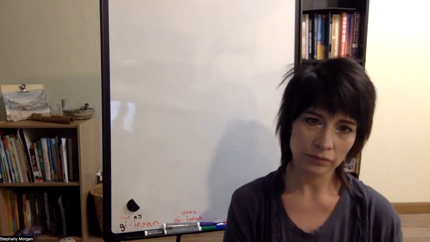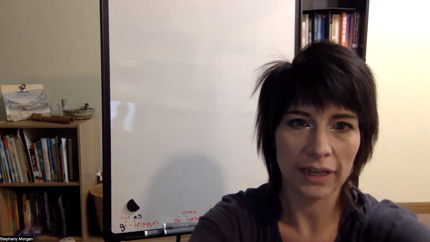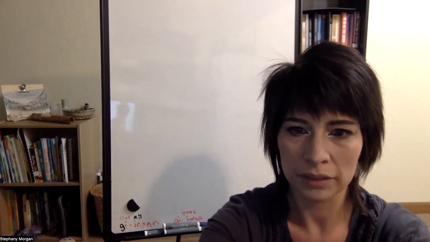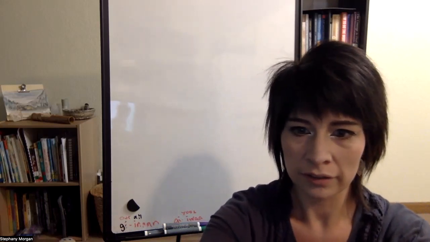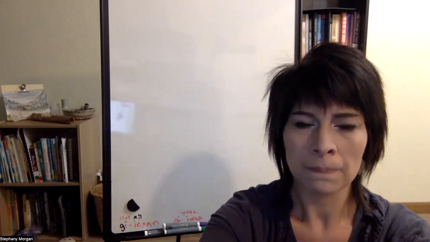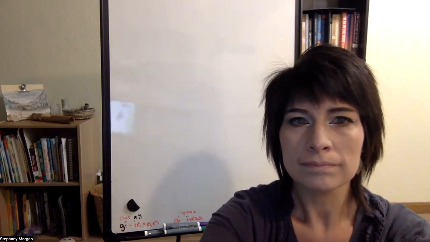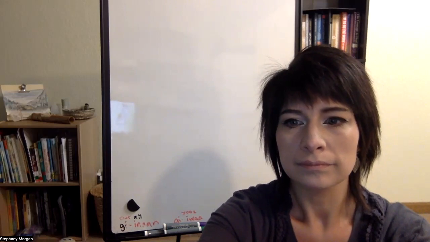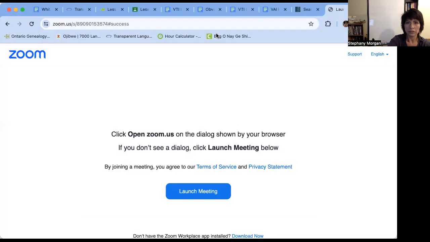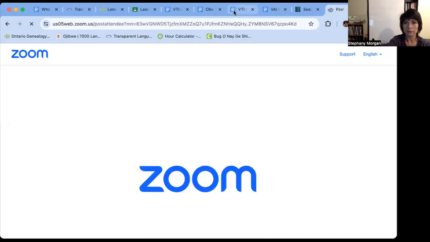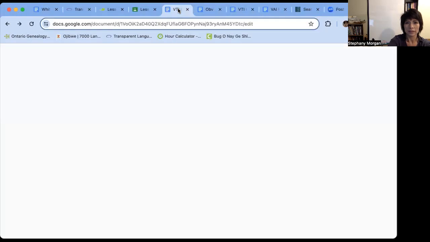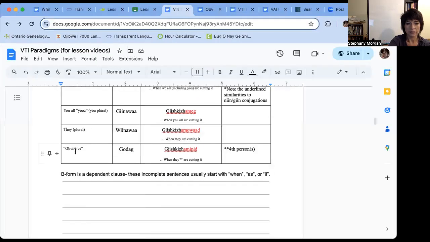So if you look at your VTI paradigms or your VAI paradigms, let me share my screen here. You will see that these have markers on the bottom of them that say obviative or godug, which is right here.